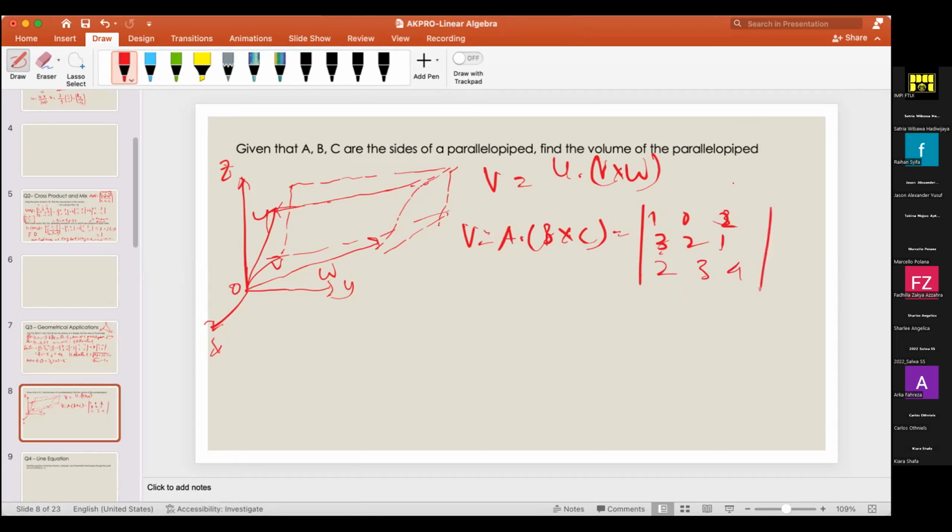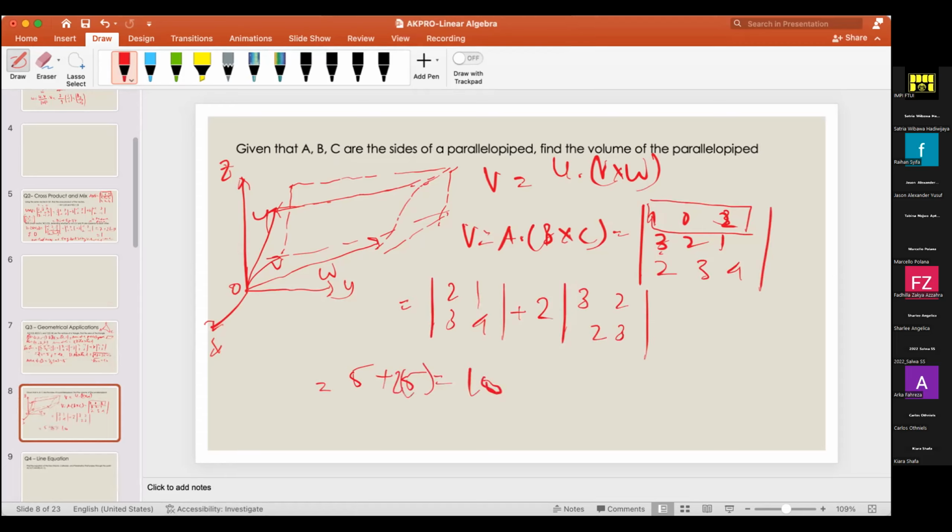As usual, to make it easy for us, we're going to do cofactor expansion on the first row. This will result in 2 3 1 4 plus 2 times 3 2 2 3. So this will result in 8 minus 3, that's 5, plus 2 times 9 minus 4, that's 5, which is 10. So 5 plus 10 is 15. And so we have the volume.